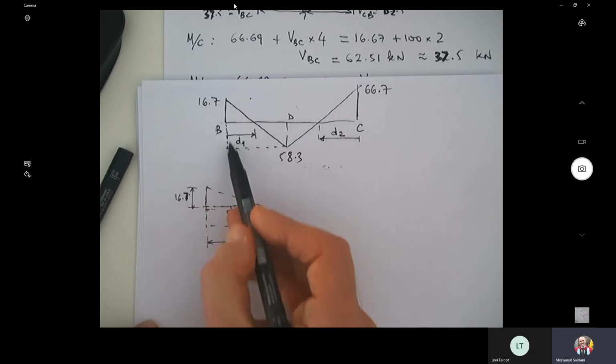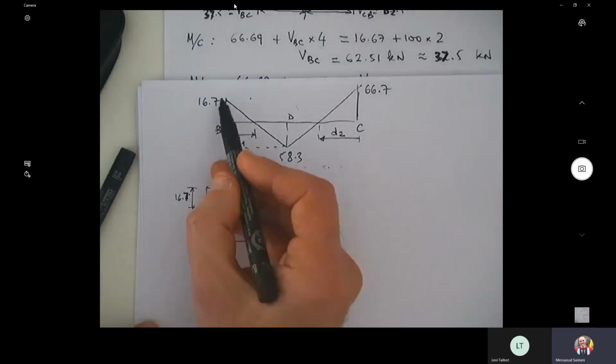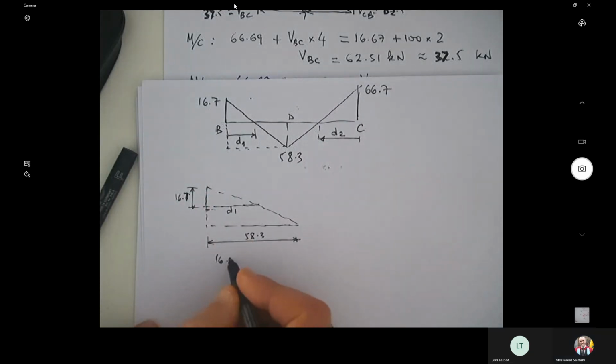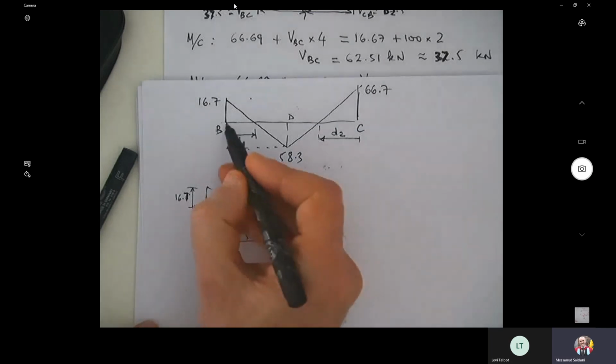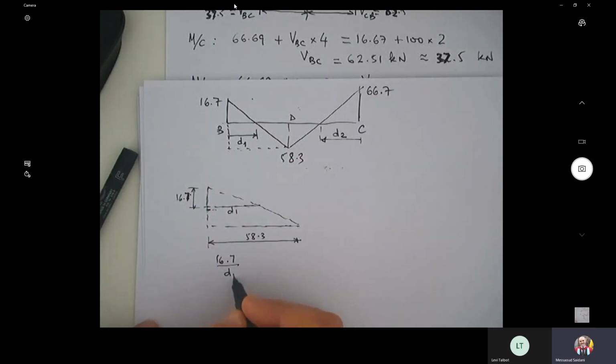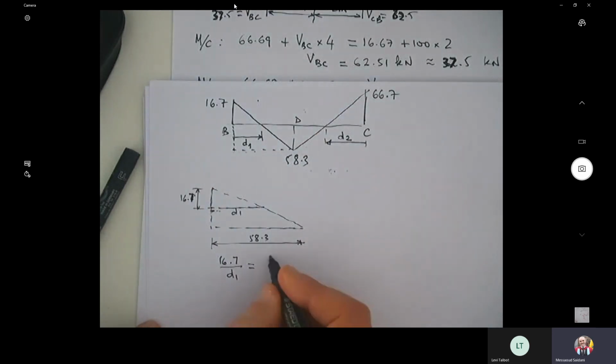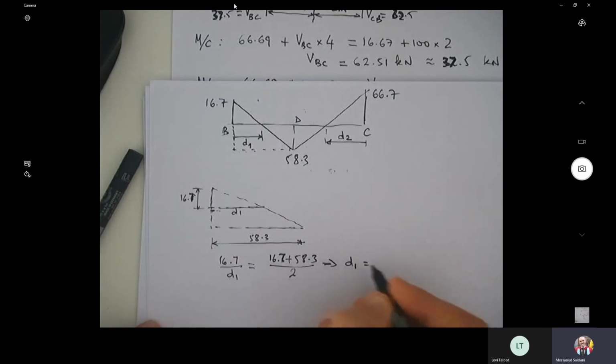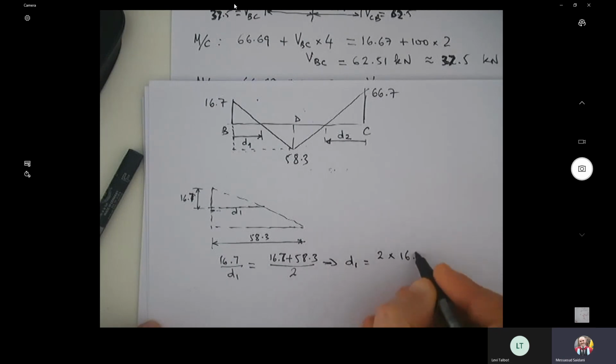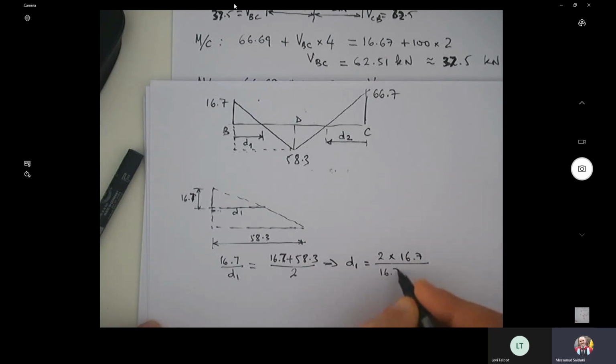This one and this one. Is that okay? So we have 16.7 divided by this length, which is D1, equals this length, 16.7 plus 58.3, divided by this length, which is 2 meters. So therefore, D1 will be 2 times 16.7 divided by 16.7 plus 58.3.